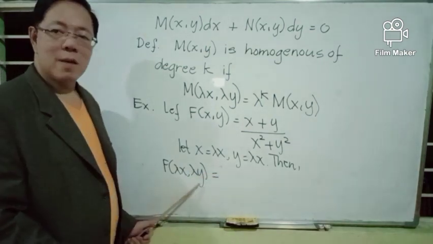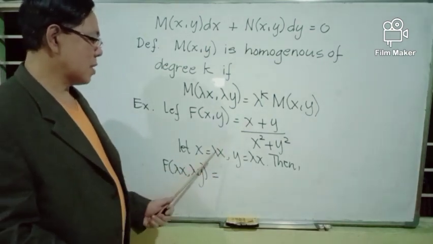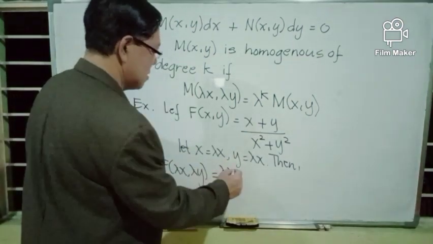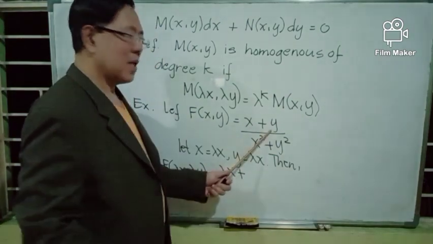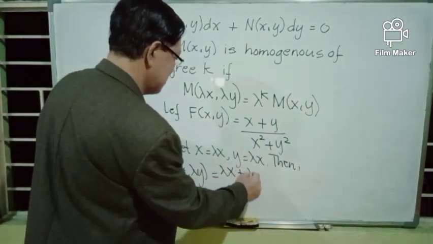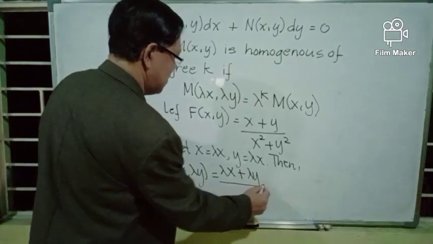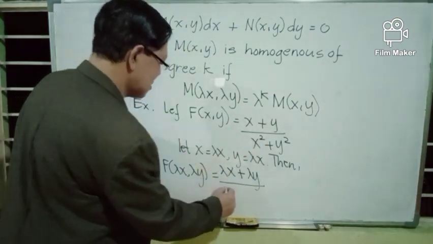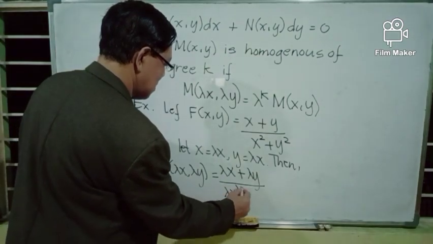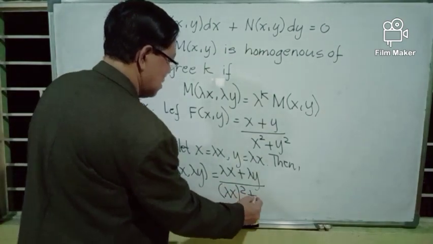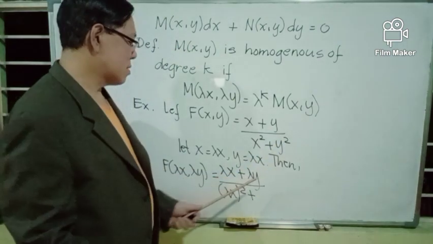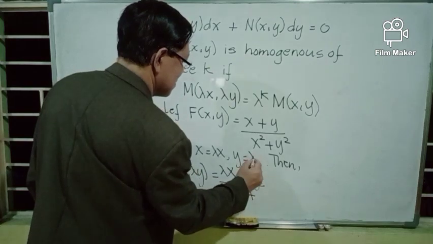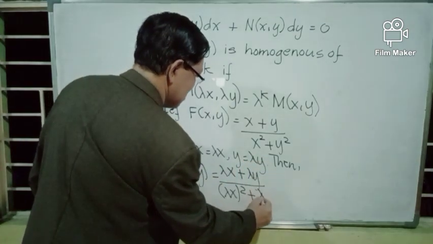F of lambda x, lambda y is equal to, replace x with lambda x, plus replace y with lambda y, all over x squared, where x is lambda x, plus y squared, replace y with lambda y.